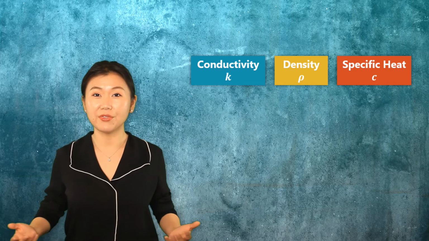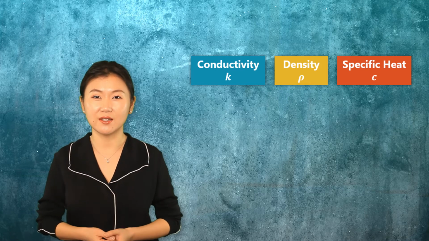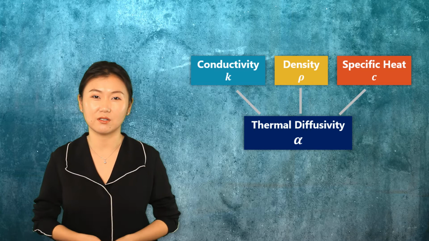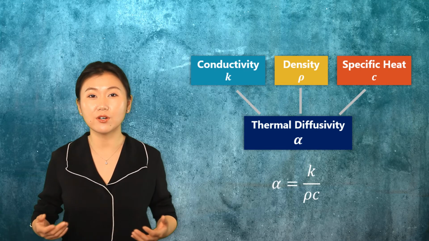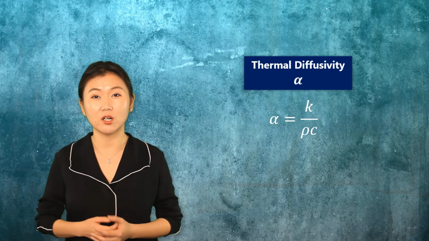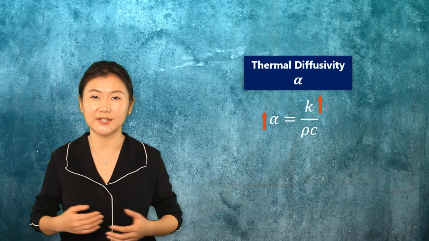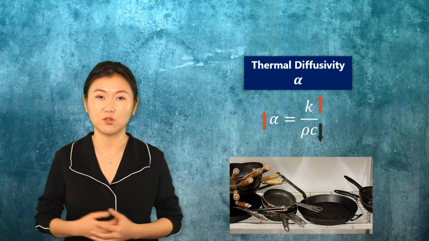It is worth noting that there is another property called thermal diffusivity that attempts to characterize the thermal behavior with a single parameter. It is the ratio between the thermal conductivity and the thermal capacitance for a unit volume. So for a unit volume, a material with high diffusivity generally has a high thermal conductivity and low thermal capacitance, as seen in case of metals.